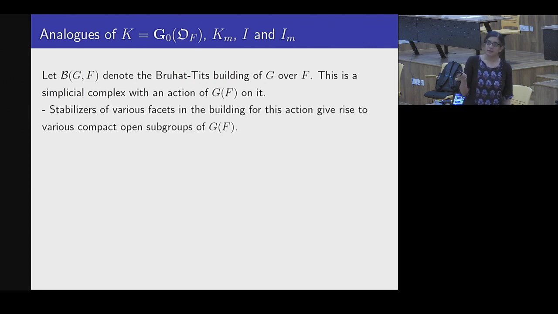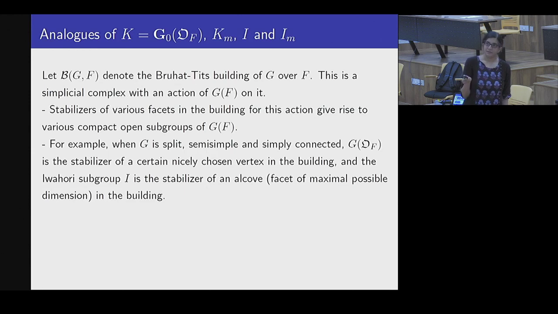Now, stabilizers of various facets in this building give rise to various compact open subgroups of G(F). For example, just to put the groups that we looked at in the split case in context, when G is split, semisimple and simply connected, G(O_F) is the stabilizer of what is called a hyperspecial vertex in the building.